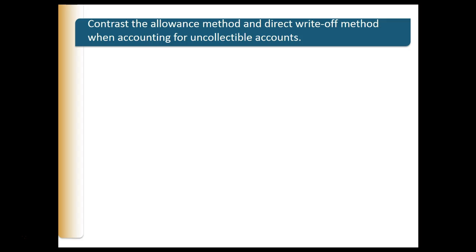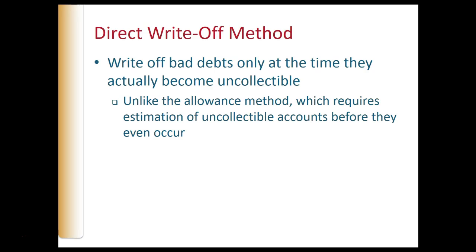Let's look at the allowance method and the direct write-off method when we look at accounting for uncollectible accounts. Under the direct write-off method, we write off bad debts only at the time they actually become uncollectible, unlike the allowance method, which requires estimation of uncollectible accounts before they even occur.